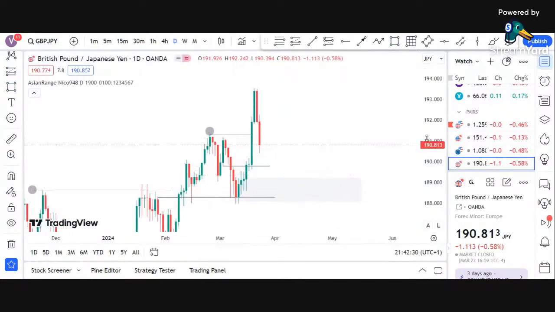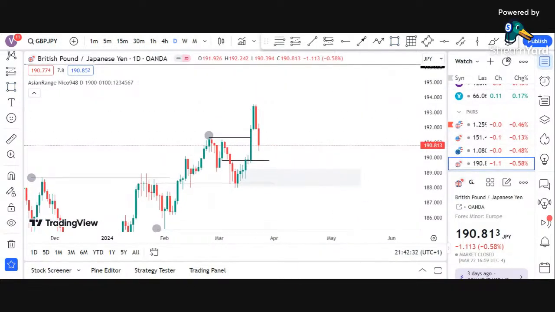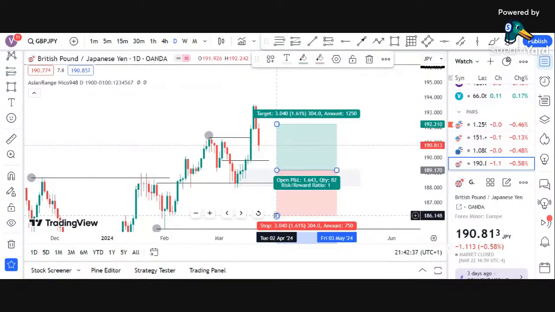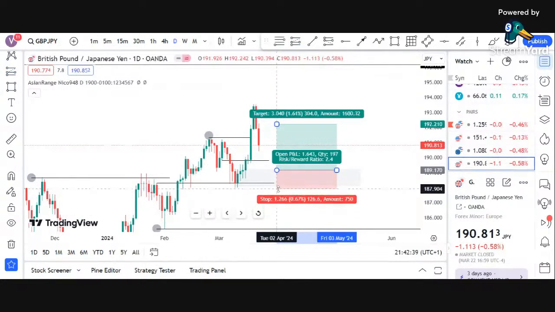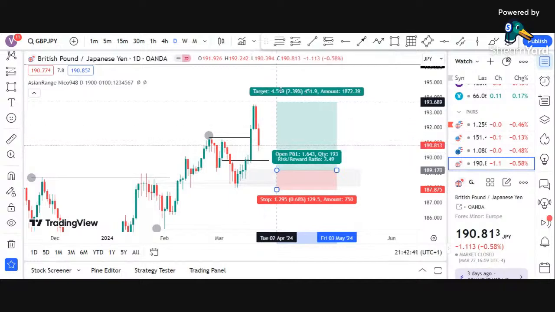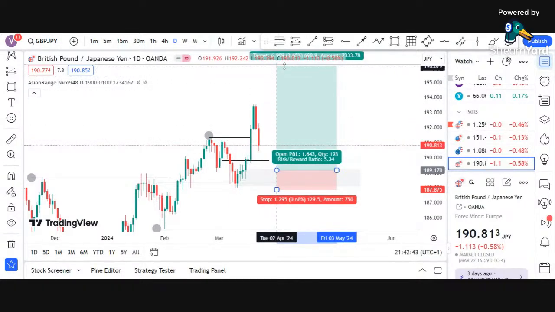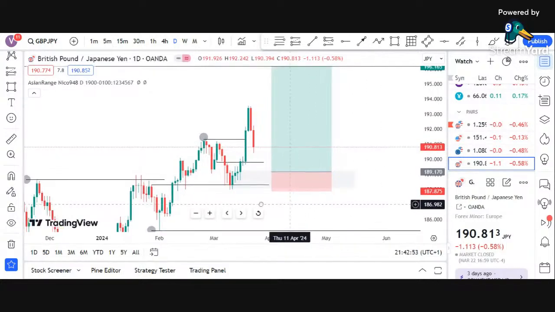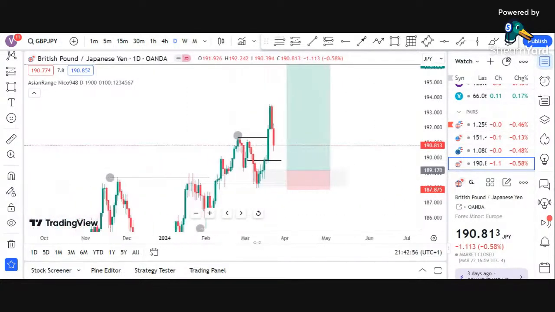So we should be expecting a buy from this zone to the upside. All right, this is like how many pips? So you will make a lot from this.